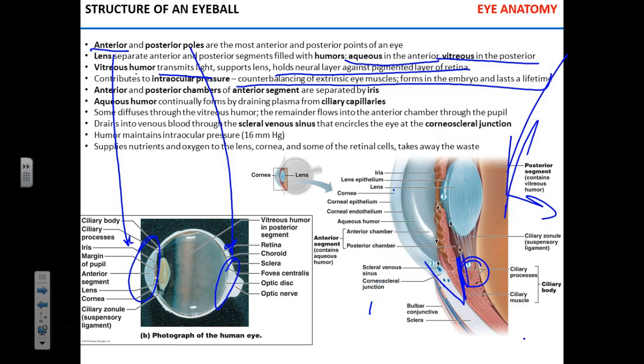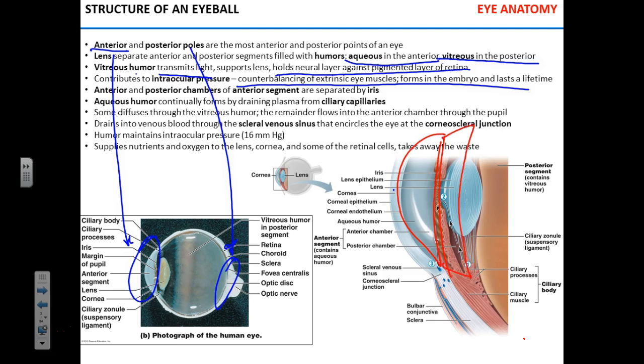Now, the anterior segment can be divided further into two chambers, and to make it even more confusing, it is divided into the anterior chamber and posterior chamber. Let me draw a little picture of the eyeball, okay? Again, my drawing skills are not perfect. So that's a hypothetical eyeball. That is the lens.